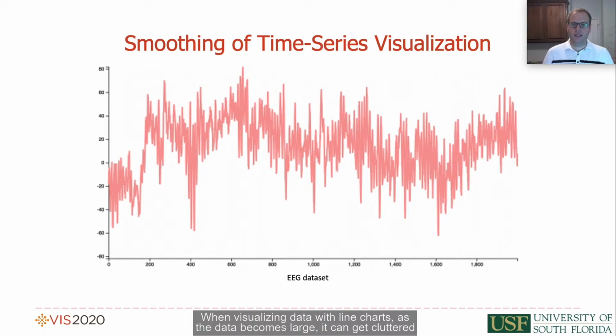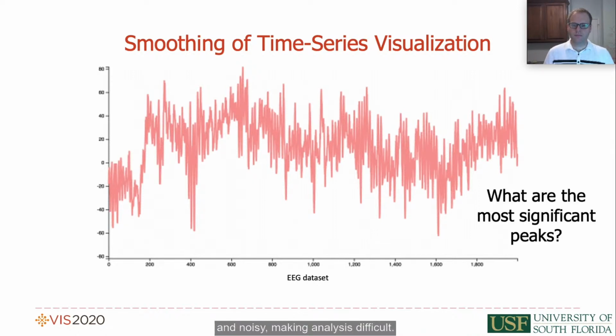When visualizing data with line charts, as the data becomes large, it can get cluttered and noisy, making analysis difficult. For example, if I ask you, what are the most significant peaks in this data, you may have a hard time deciding which are truly important.